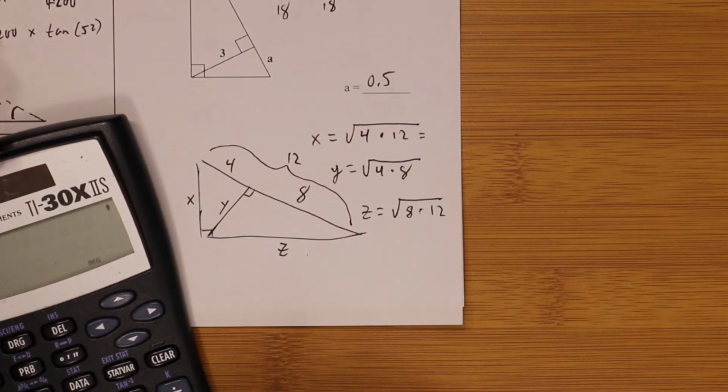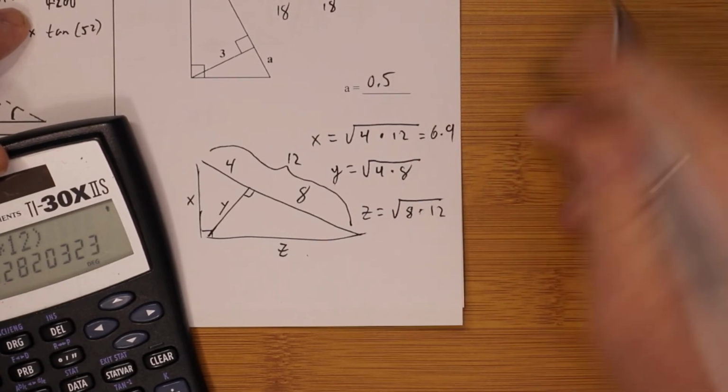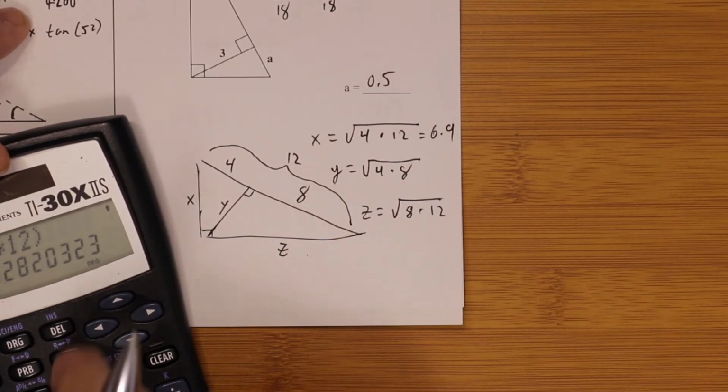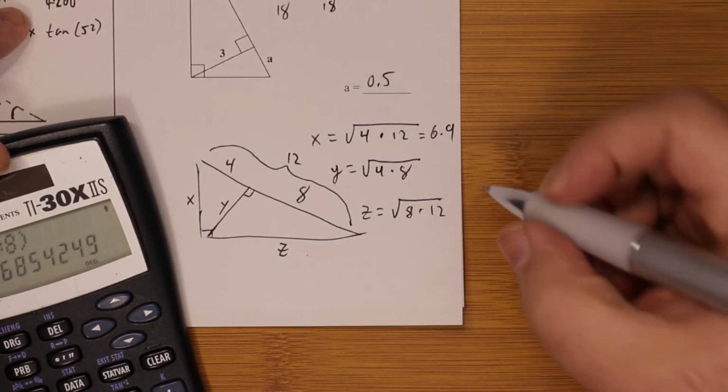So like on this problem, square root of 4 times 12 would be 6.9. This one in the middle, square root of 4 times 8, you get 5.7.